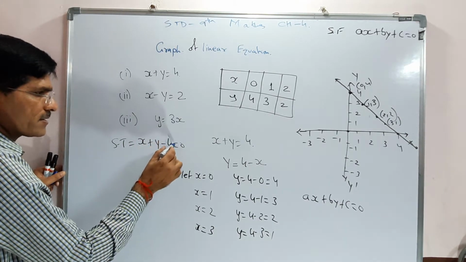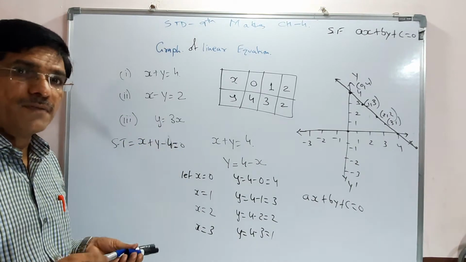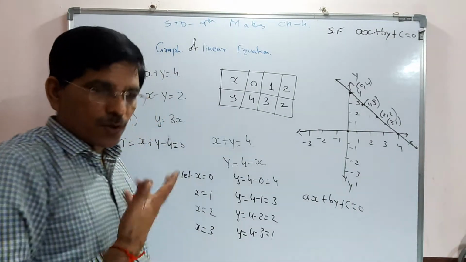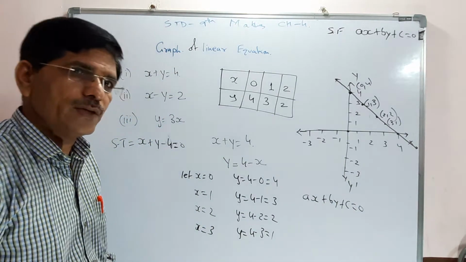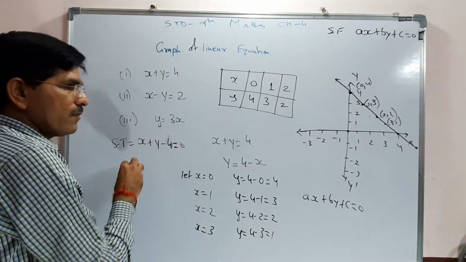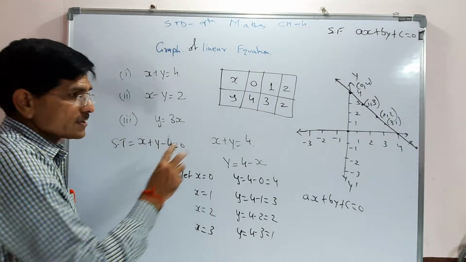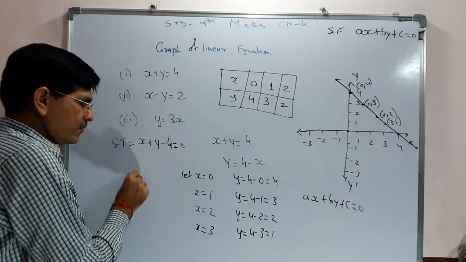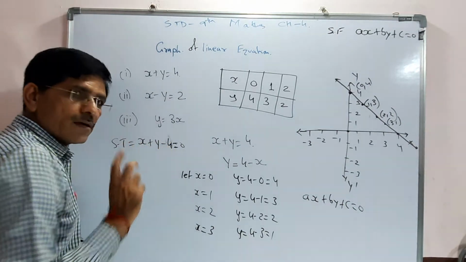When a standard form question is given and we put a value of x, we can get the value of y, because we know there are infinitely many solutions. Here a is equal to 1, b is equal to 1, c is equal to minus 4.